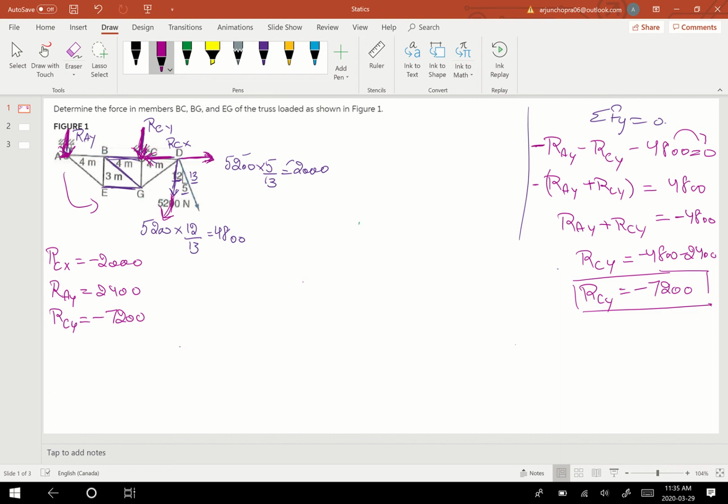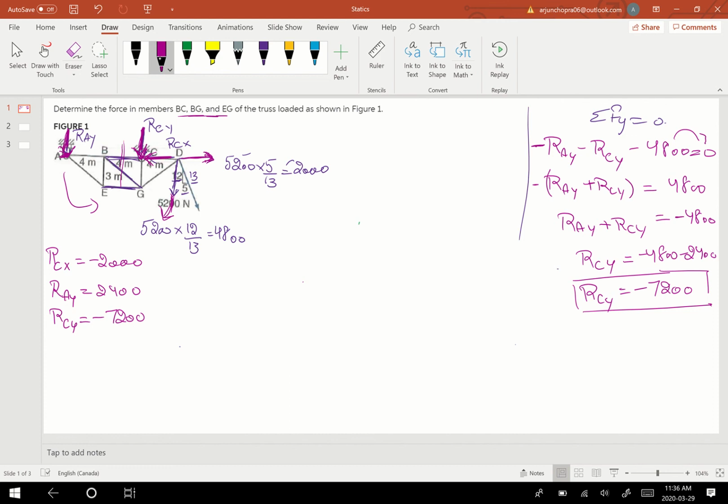So let's write down. What I'm going to do is cut it. When we are doing the method of section, we try to cut the section in such a way that we can cut the maximum number of members for which we want to find the loads. So this question becomes relatively easy.